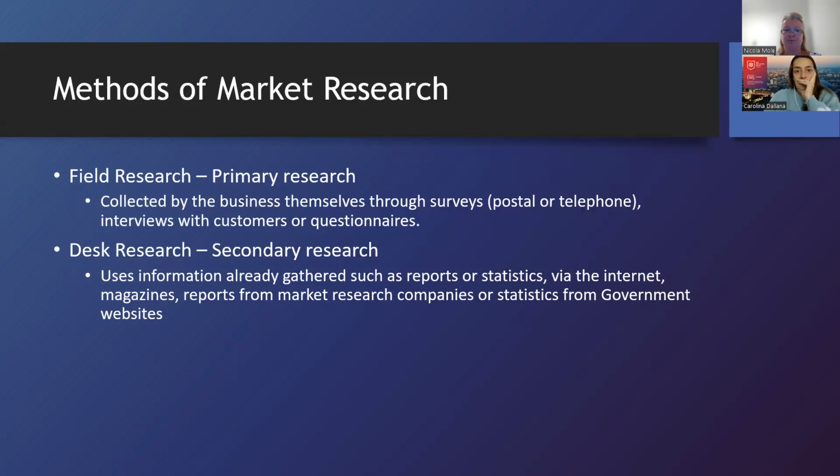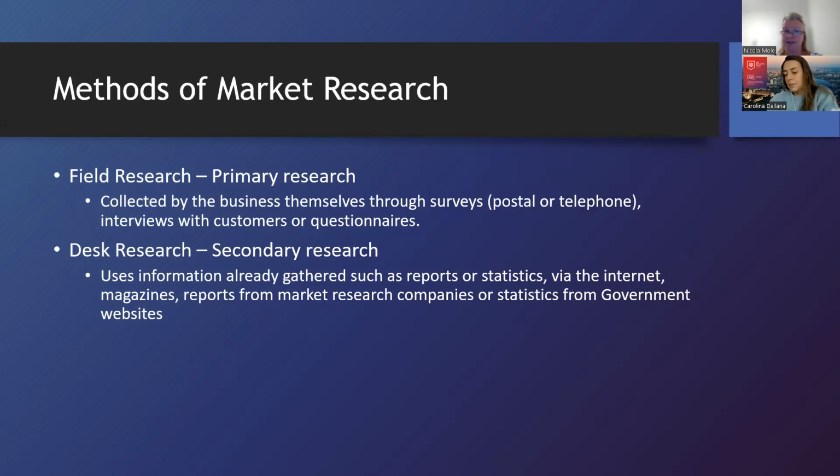We also have desk research, which we call secondary research. That is information that another organisation has collected, and we review that information. It might be a report or statistics, numbers, basically data.